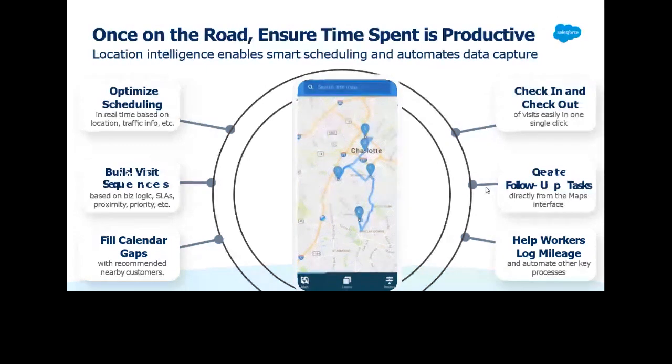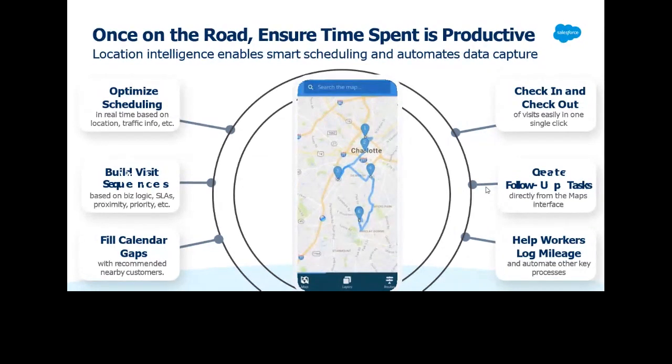A rep has already visited them, right? So when you've set your route for the day, you check in at a place, then you check out, so that your route keeps shrinking, and by the end of the day, you've checked in everywhere and checked out from everywhere. You can also create follow-up tasks directly from Salesforce Maps, which would then reflect in Salesforce.